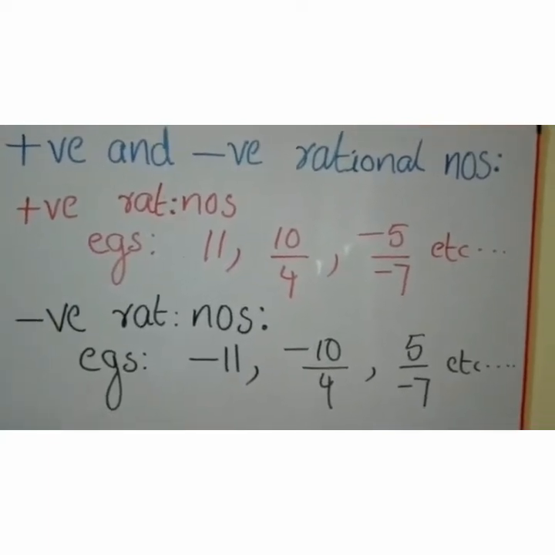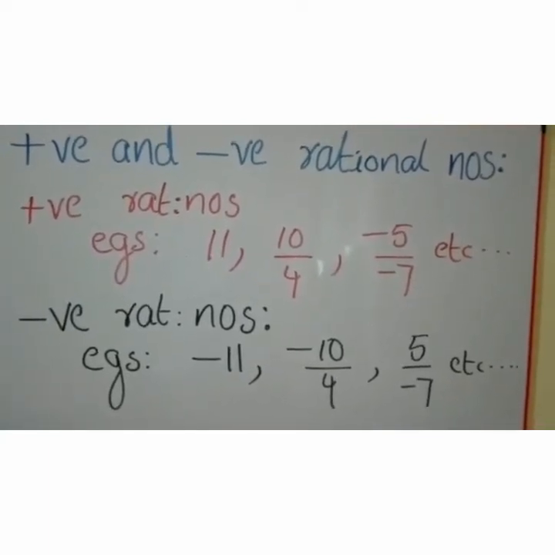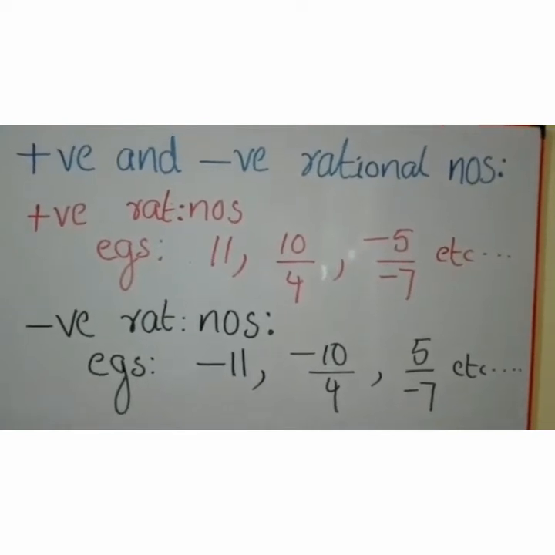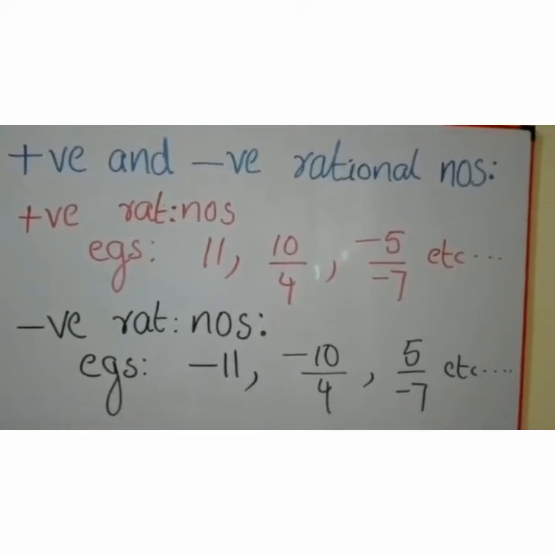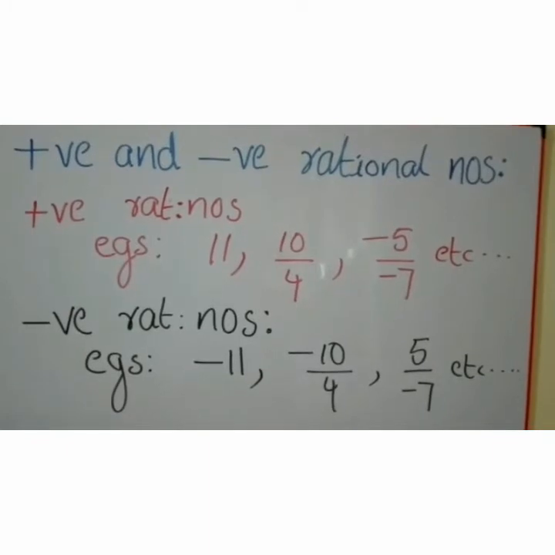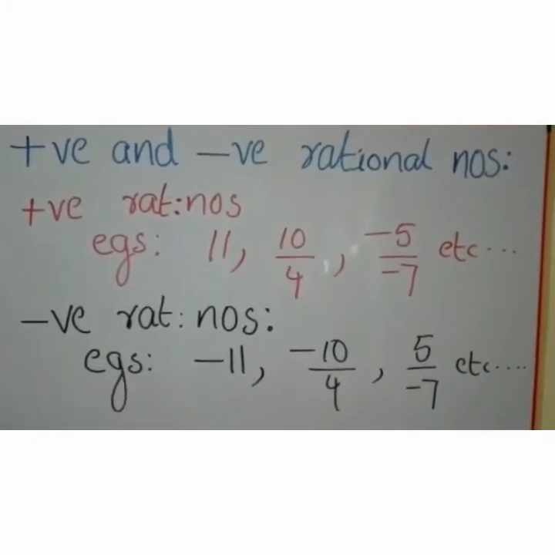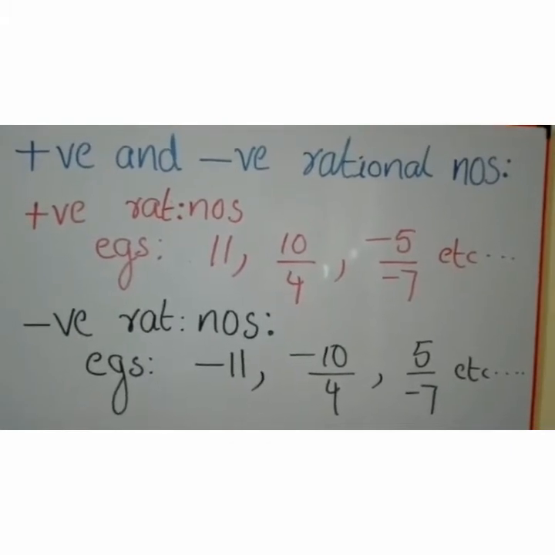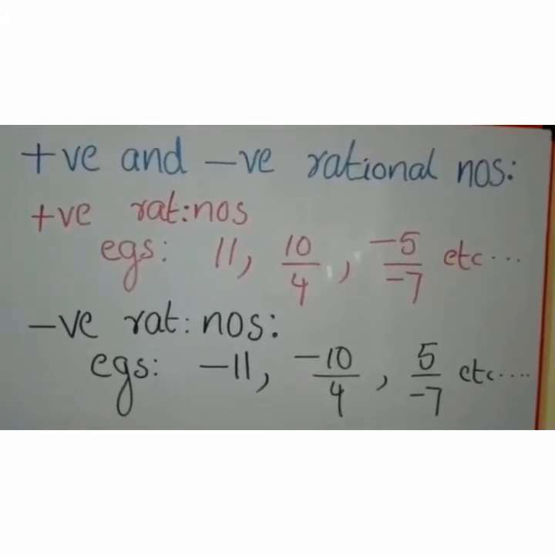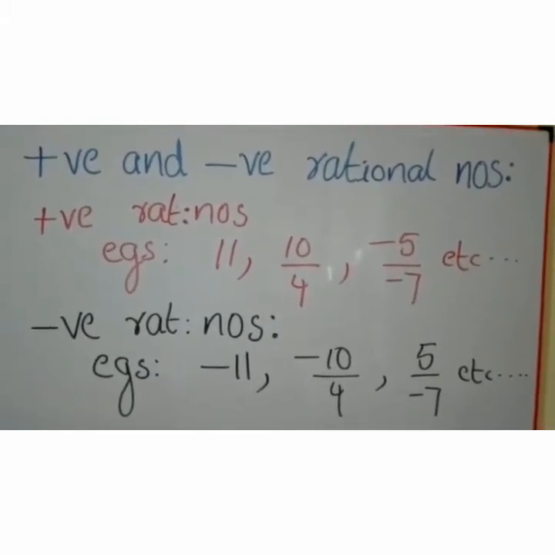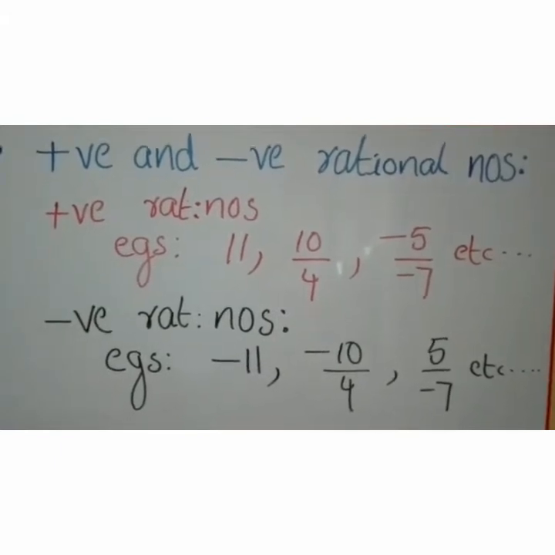Then negative 5 divided by negative 7. Negative 5 is a negative integer and negative 7 is also a negative integer. And as you know that negative by negative is positive. So in this case 11, 10 by 4 and negative 5 by negative 7 all are positive rational numbers.